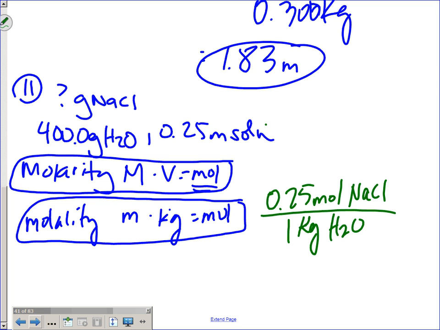So I've taken this and I've written it down in a fraction form. 0.25 molal is 0.25 moles of sodium chloride, who's my solute, and per kilogram of solvent, which is my water here. All right, so if I take my molal and I multiply by my kilograms, well, I don't have kilograms here, I have grams, but how many kilograms is that? 0.4 kilograms. So I'm going to scooch this so I can see better.